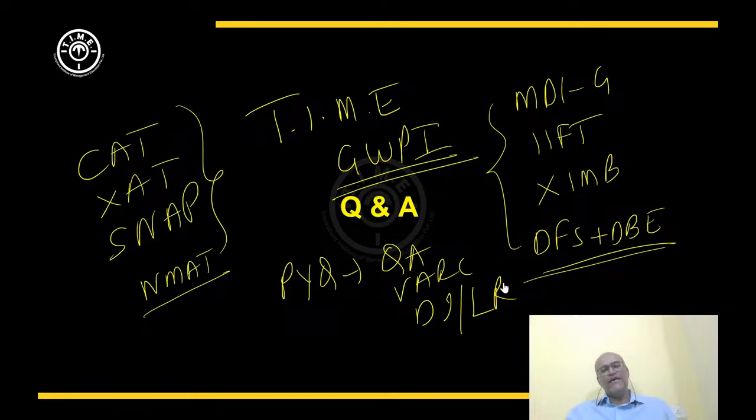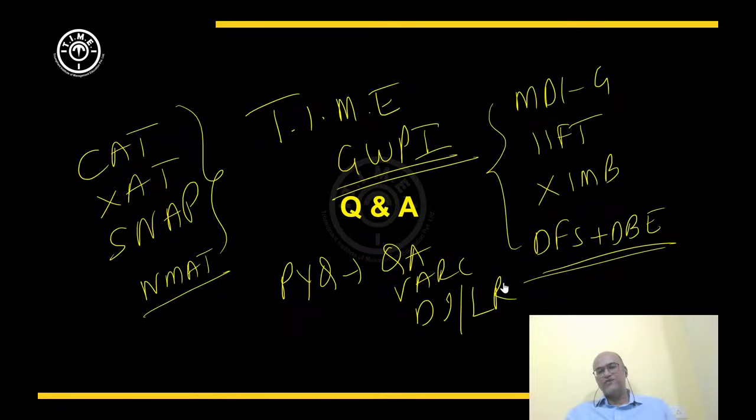TISS Mumbai form is also out. If you're interested in HR or business analytics, that's also a very good option to consider for you. So these are the options under CAT. I also hope that you have applied for SNAP and you have applied to SIBM Pune and SCMHRD. They also offer reservation to SC and ST and differently abled applicants. So that's also a good option for you to consider.